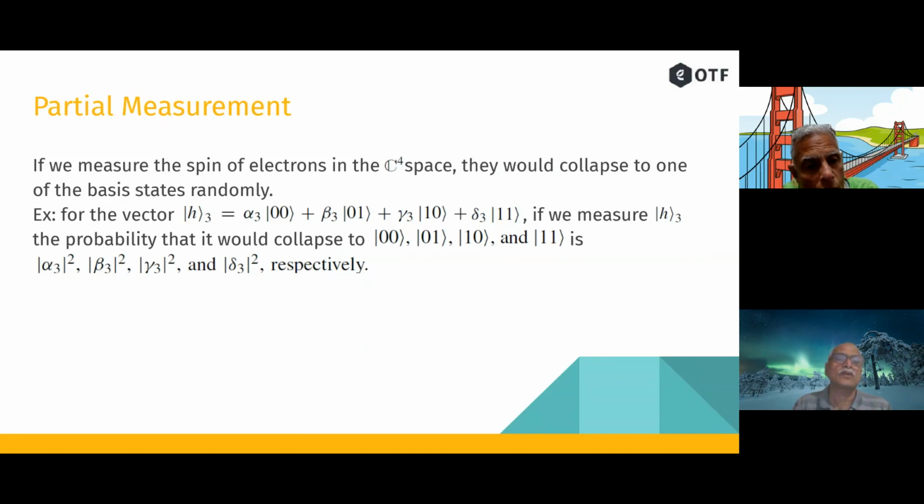So it would typically collapse into any one of these 4 basis states. Now the question is, assuming that I have some sort of a device which allows me to do this sort of measurement without really collapsing. That means I'm able to observe the current state.